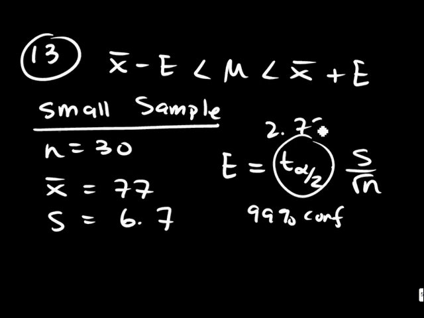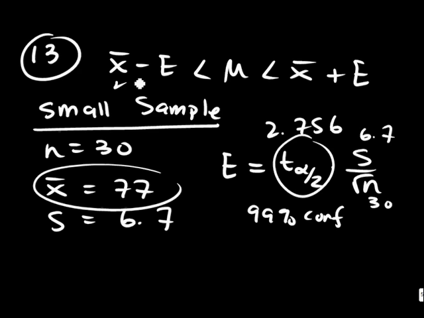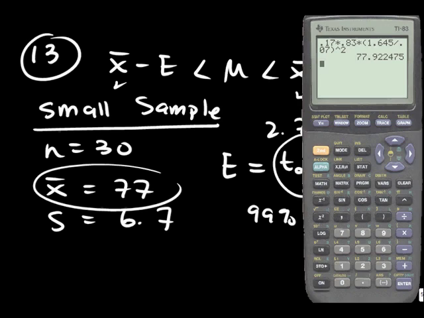2.756, standard deviation 6.7, sample size 30. We have the sample mean. We'll use it here and here, and we have to compute the error. 2.756 times 6.7 divided by the square root of 30.